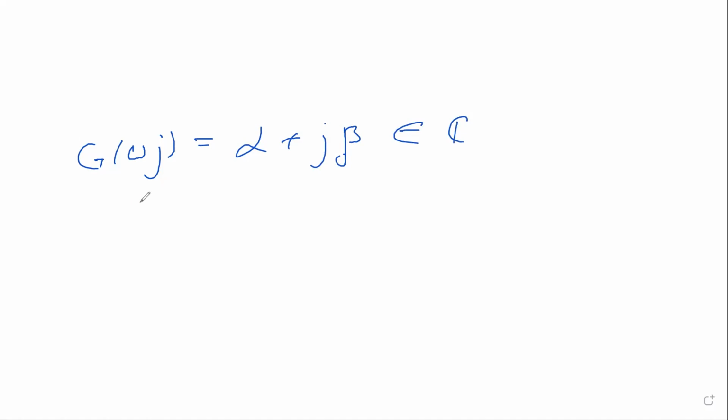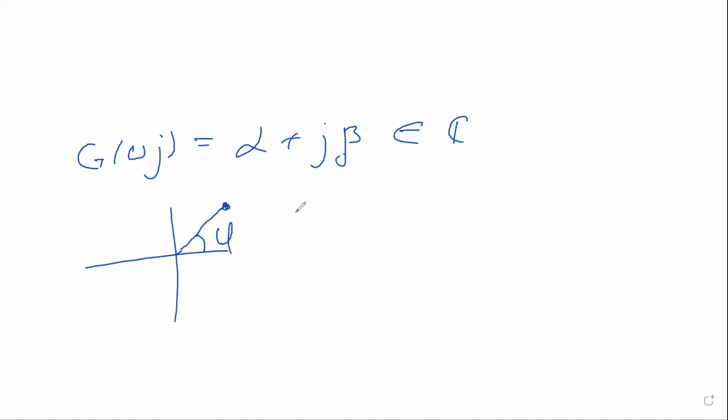On the complex plane, it has a length, which is the square root of alpha squared plus beta squared, and an angle phi.